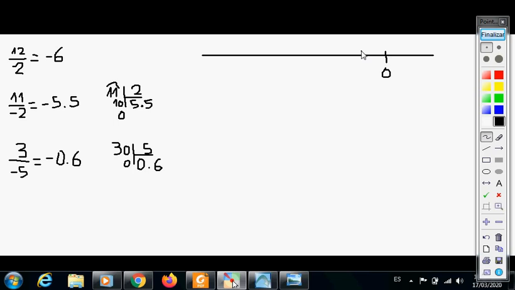So, I start counting: minus a half, minus 2 halves, which is equal to minus 1, minus 3 halves, minus 4.